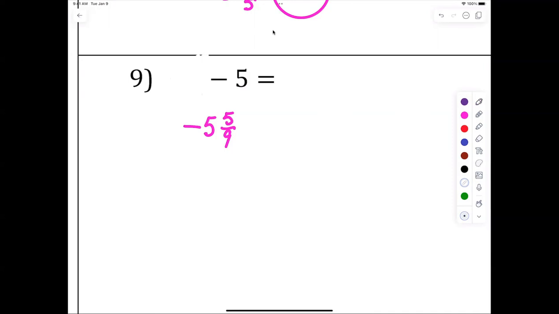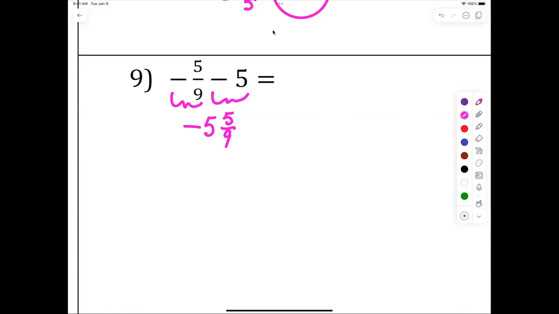So that minus sign really is the same as a negative. So I would like everyone to say, this is -5/9 and this is -5. You with me now? Hopefully I'm making sense.